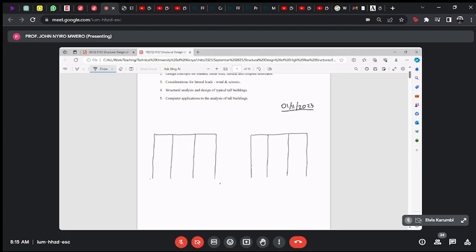Let the columns on this frame be fixed at the bottom. Let this frame have columns that are pinned at the bottom.